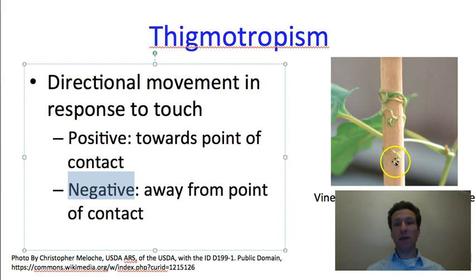And we can see in this picture the results of this. What we see are tendrils. Tendrils are outgrowths of vines that have a gripping function. And you can see that these tendrils have wrapped themselves around this post in order to hold the vine up. This wrapping motion is a result of thigmotropism.